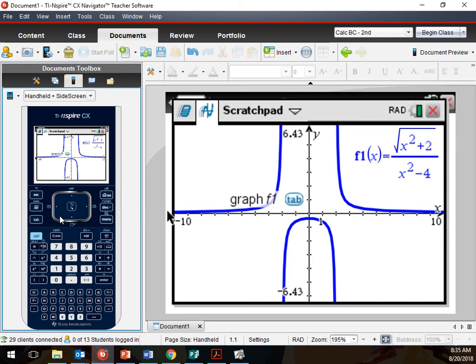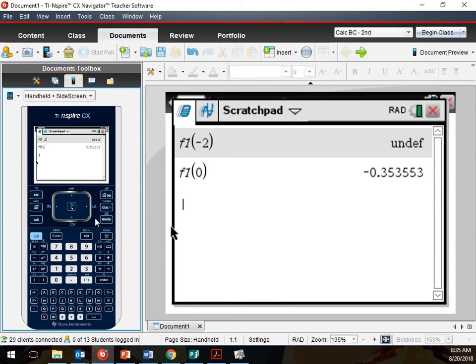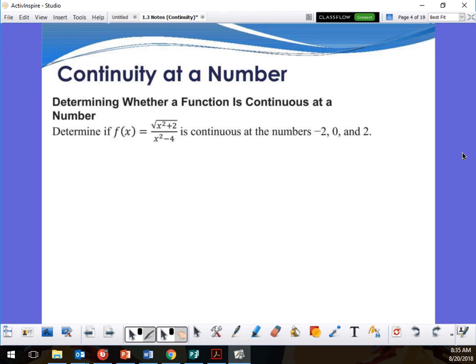Okay, so let's go back. What was my next one? 2. Positive 2, undefined, so that means that what? It is not continuous. So let's go through and fill this in. Continuous is when all 3 are yes. Left hand, right hand go to the same number, so the limit exists, right? And f of c is equal to the number of the limit. Okay?